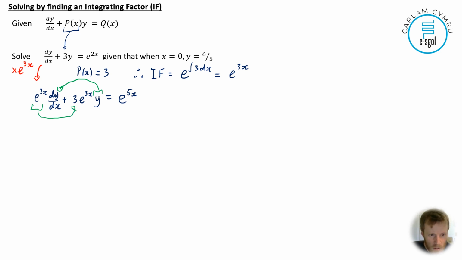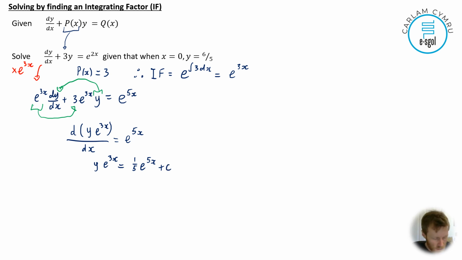So that's going to give us d bracket y e to the power of 3x over dx equals e to the power of 5x. If we integrate both sides now, we get y e to the power of 3x equals 1/5 e to the power of 5x plus c.